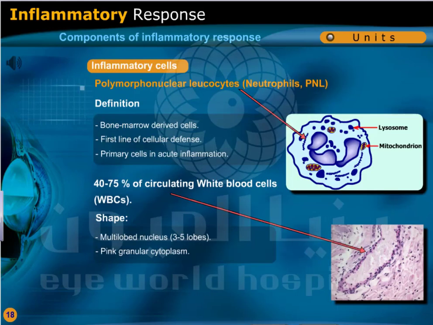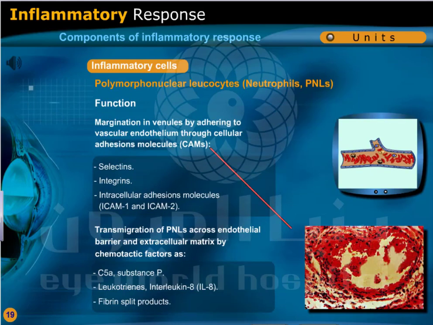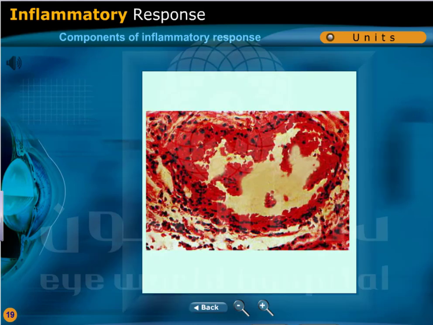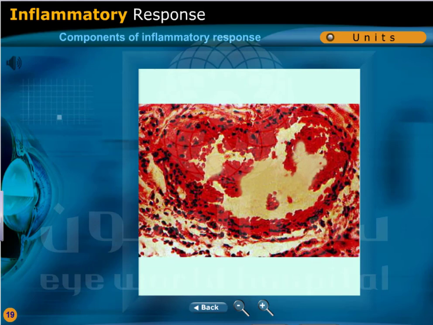They have multilobed nuclei with 3 to 5 lobes and pink granular cytoplasm. The functions of polymorphonuclear leukocytes include margination in venules, transmigration across endothelial barrier and extracellular matrix, attacking microorganisms, and phagocytosing bacteria and foreign material.